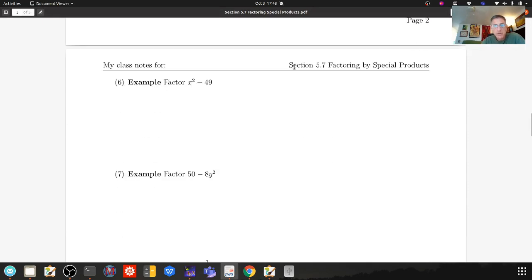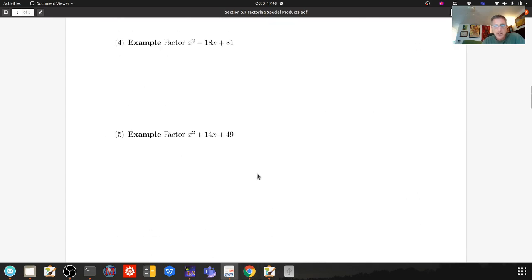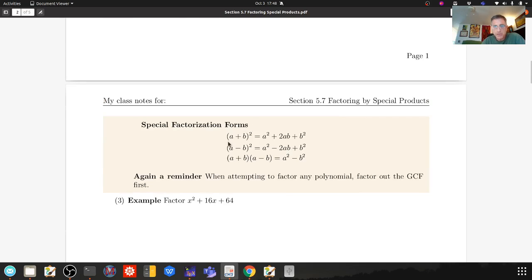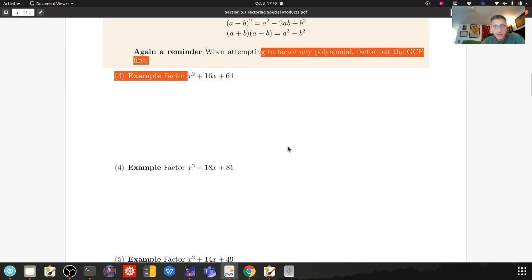So now we're going to move to another case. The only time a factorization can be a perfect squared binomial is if we have three terms: 1, 2, and 3. Here we have 3 terms.